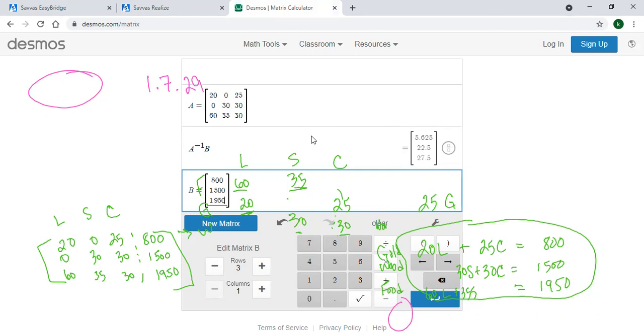If I've done it all right, it's giving me decimals up above. That seems strange, that my answers would come out decimals here: 5.625, 22.5, and 27.5. I mean, they're even decimals at least, but they were asking about units in this problem, weren't they?